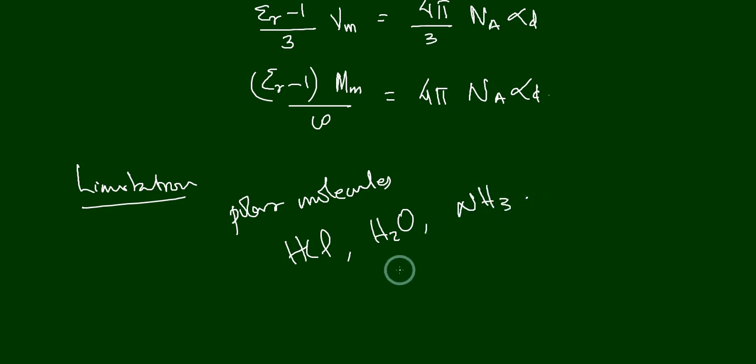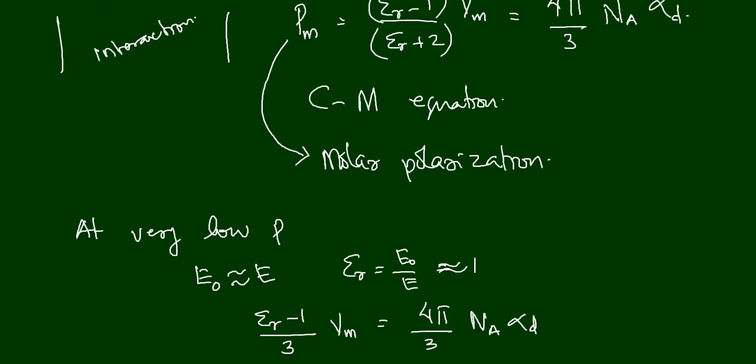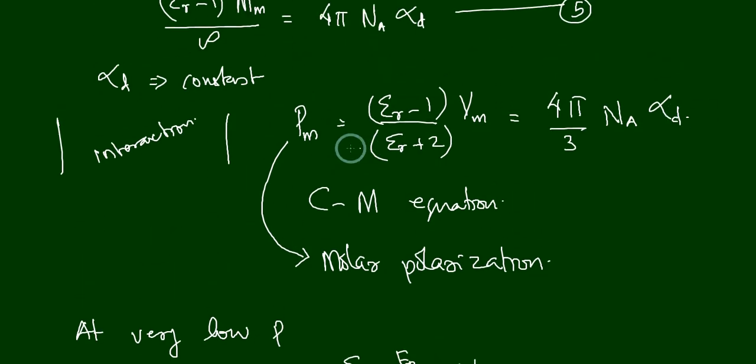And in the case of these polar molecules, the Clausius-Mosotti equation doesn't work. So it is not obeyed by the polar molecules. This is the main limitation. But it holds good in the case of non-polar molecules.